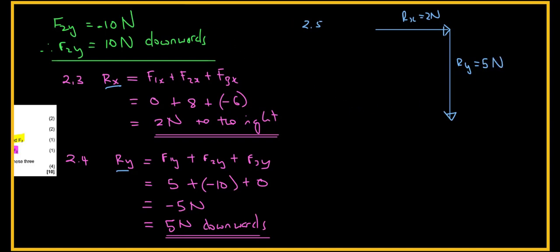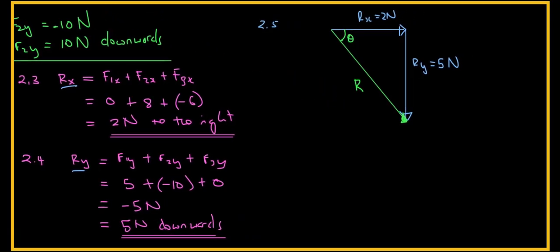And then I must complete my triangle now by drawing a hypotenuse here. But I need to start at the tail of the first to the head of the last. So from this particular point here, I'll draw my resultant. My resultant must end there. This is my resultant. And then this angle here would be my direction.